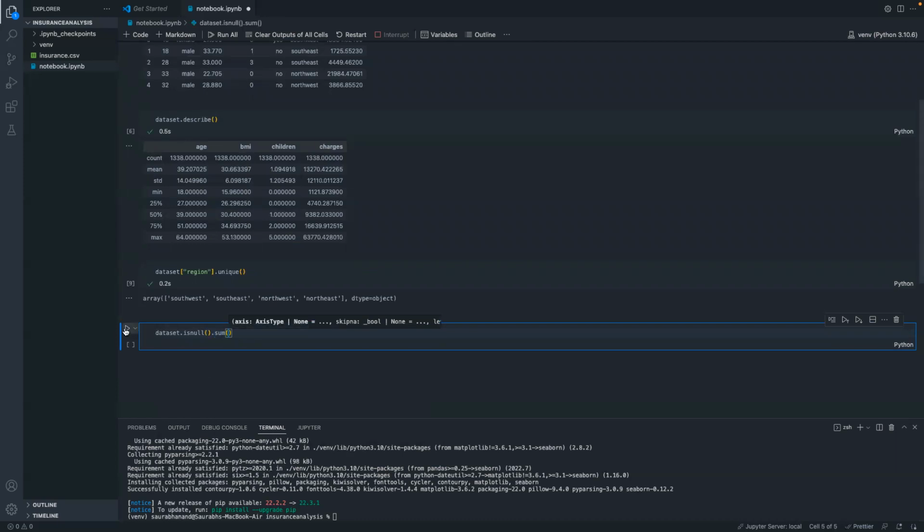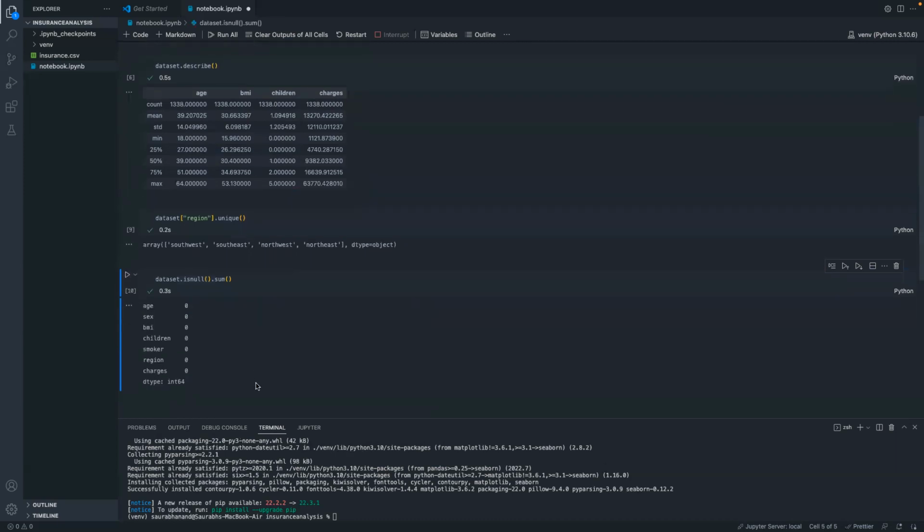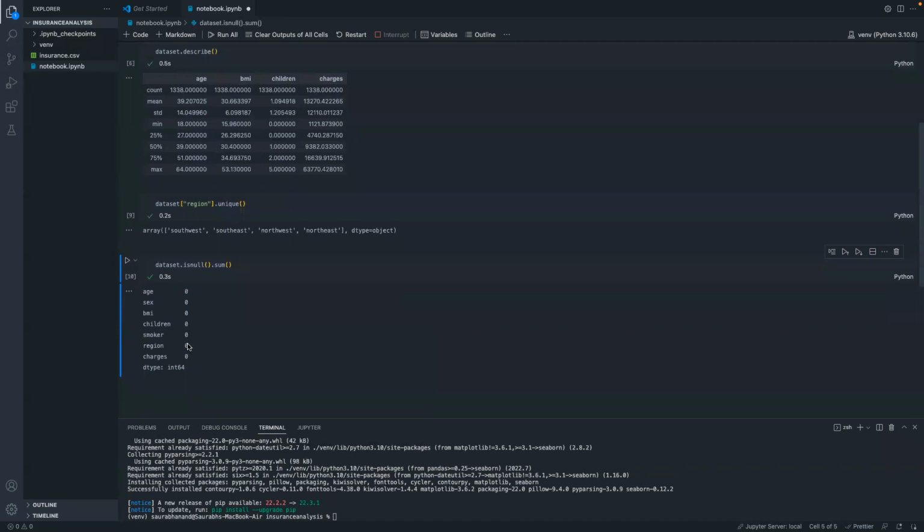It'll tell you how the null value distribution is for each feature. As we can see, there are no null values in our features, which is fairly good. But remember, when you work in a real world project, you are bound to get some null values, because when you're taking data from people, there will be some people who don't fill up the survey. So getting null values is fairly common whenever you're dealing with an industry level machine learning project.